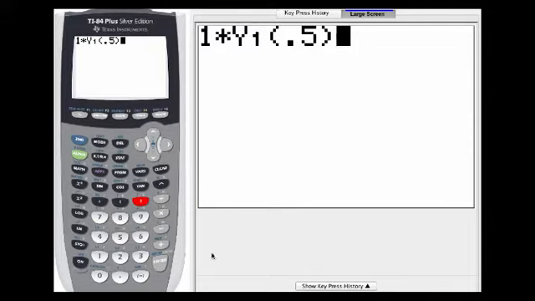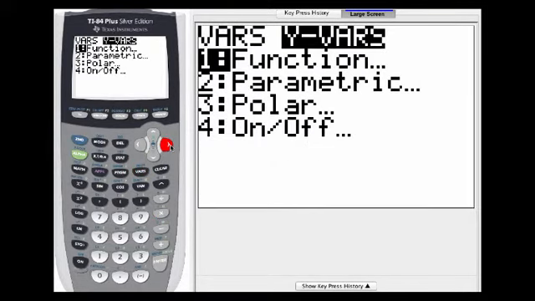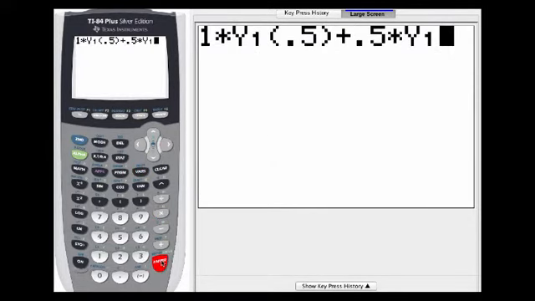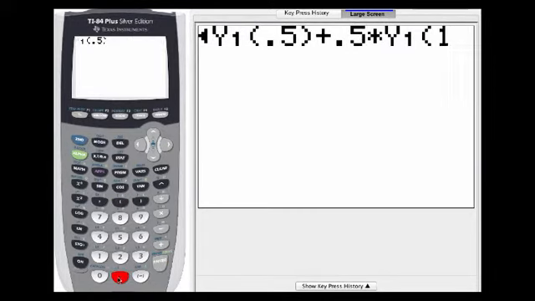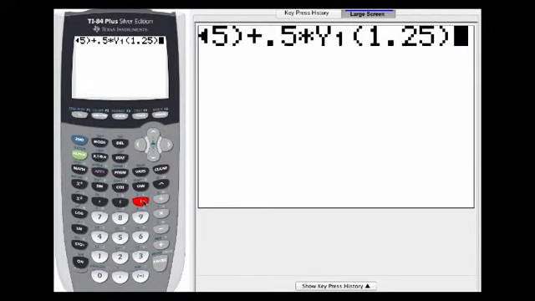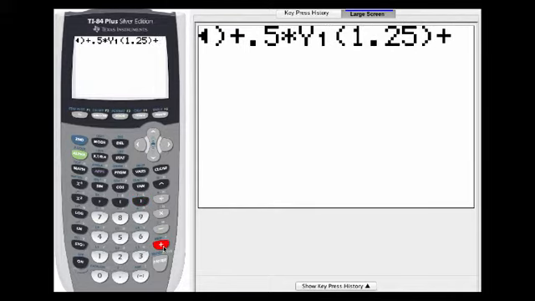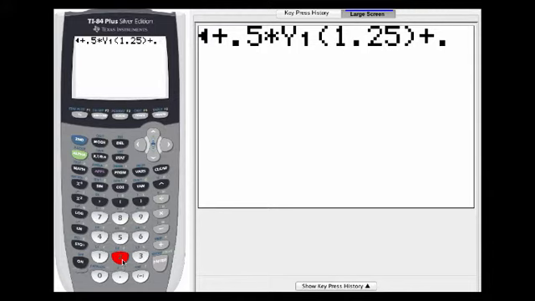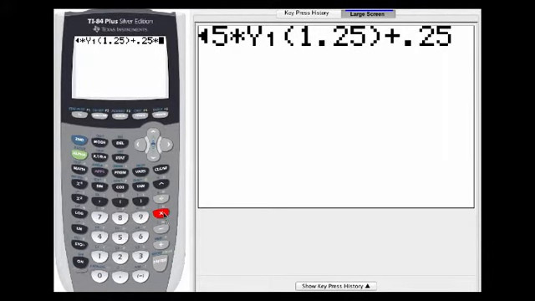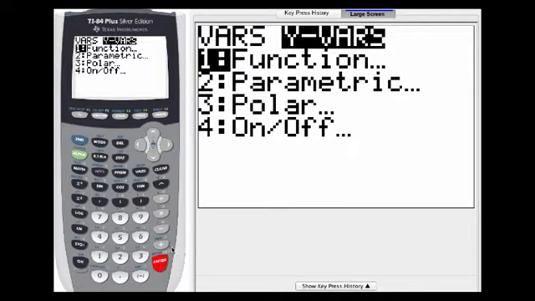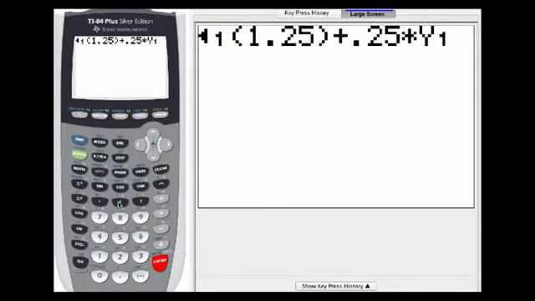And we're just going to type in that whole long thing that we just wrote out. So that was your first rectangle, plus second rectangle, remember, was 0.5 wide, times the height given by the function value at 1.25. So you want to pull up y vars, y1 at 1.25, and hopefully I can do this without any typos. So that's your second rectangle. Plus third rectangle, remember that was the skinny one, so it had a width of just 0.25, times the function value at 1.75.